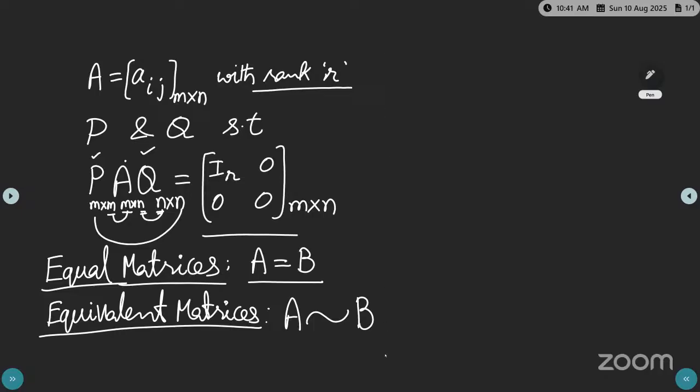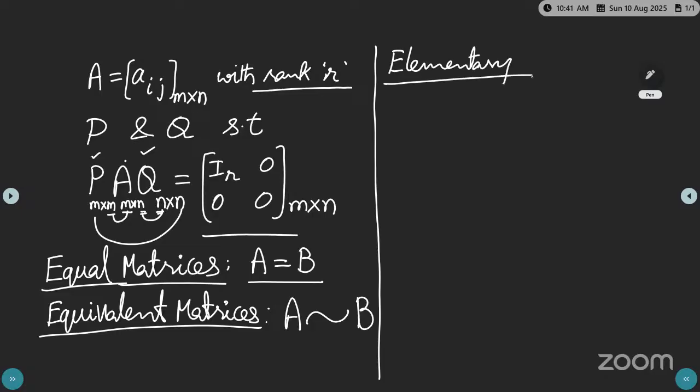Next, what are elementary matrices? Elementary matrices. If you are having 1 0 0, 0 1 0, 0 0 1, and I am applying only one row transformation equivalent to R12, what you can write?